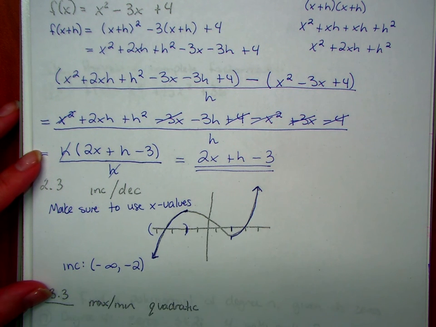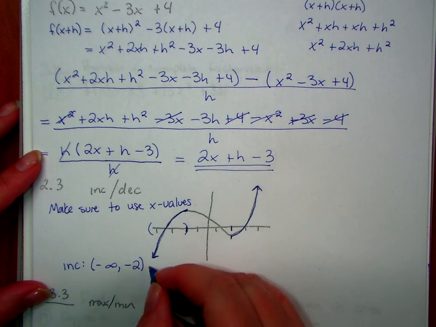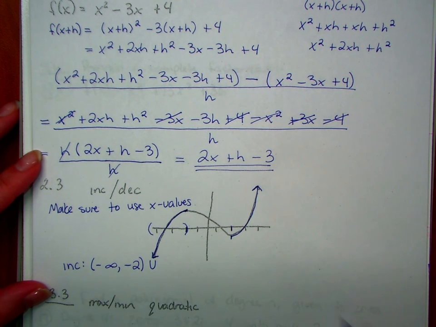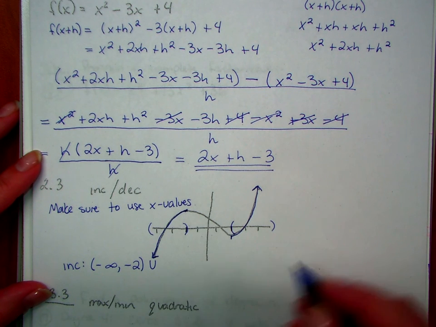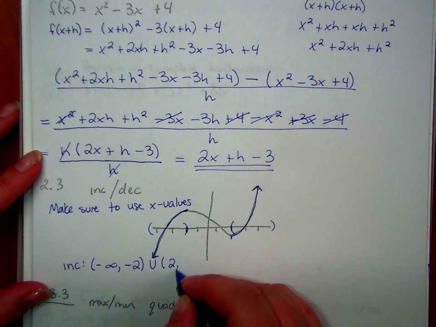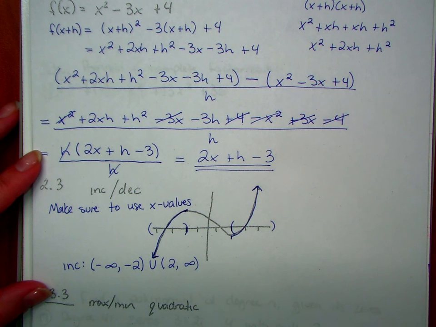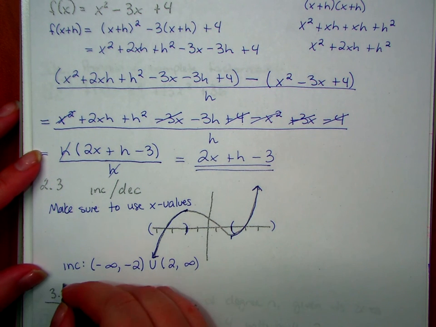We want to make sure we use a parentheses there. Right? And then the other interval where it's increasing starts at 2 and then goes to infinity. So parentheses positive 2 to positive infinity. Those would be the intervals where the function is increasing.